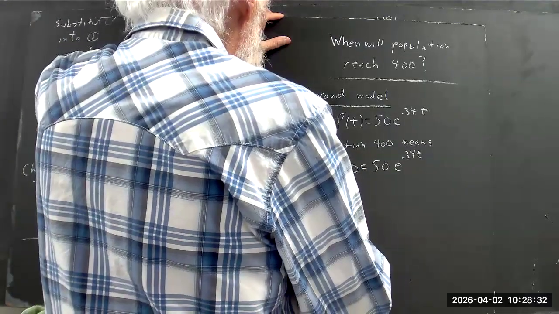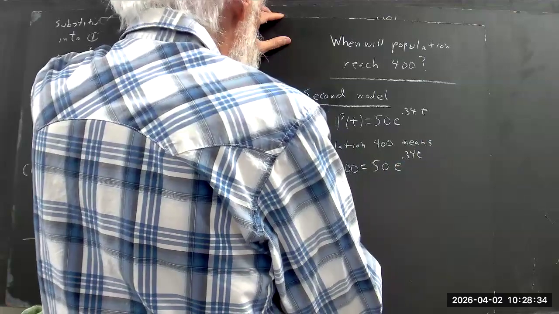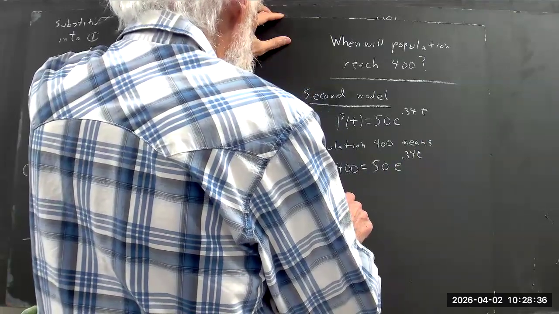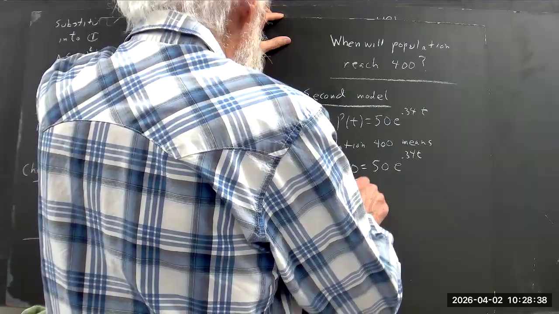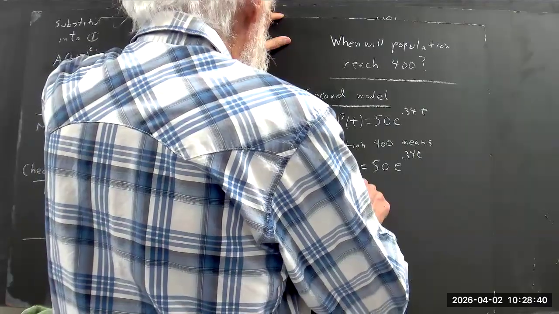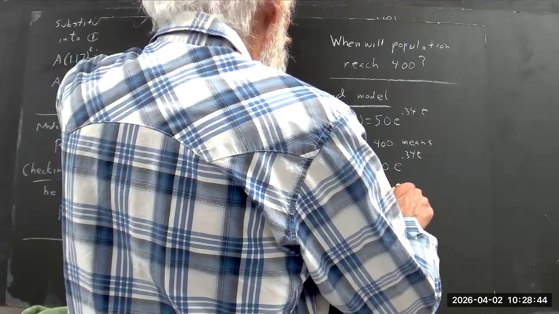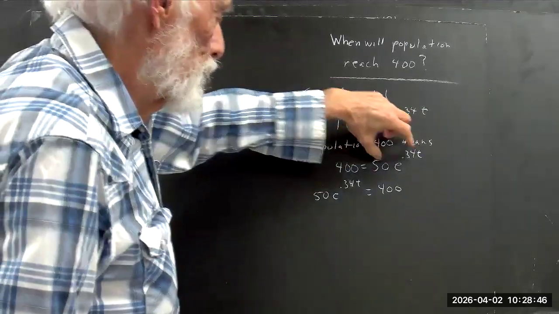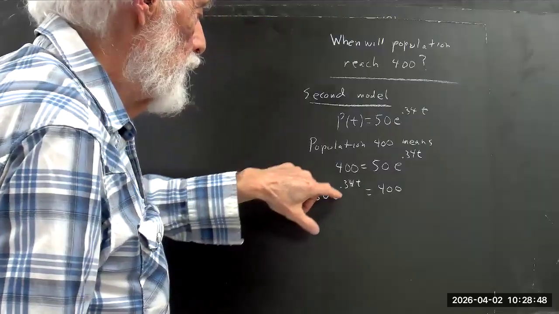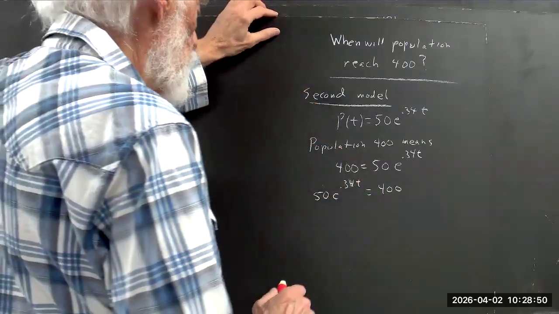First of all, we'll put the t, which is the variable we're looking for, over on the left side just by switching sides. So we just switch the two sides and get 50 e to the 0.34 t equals 400.